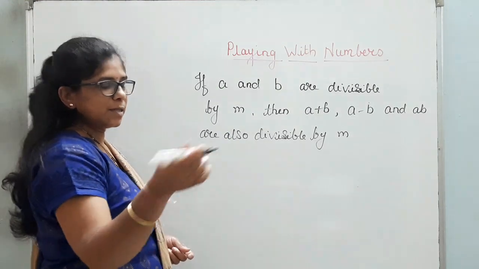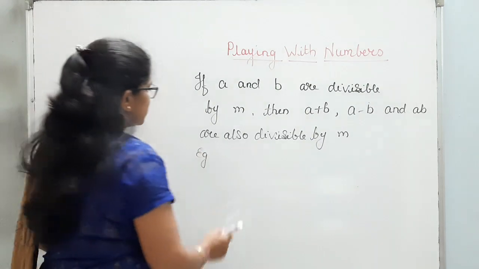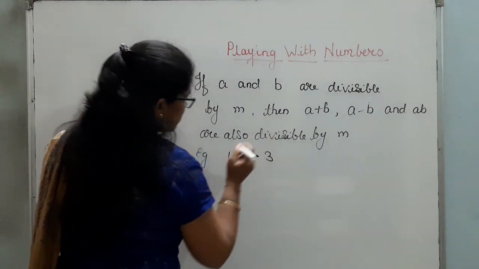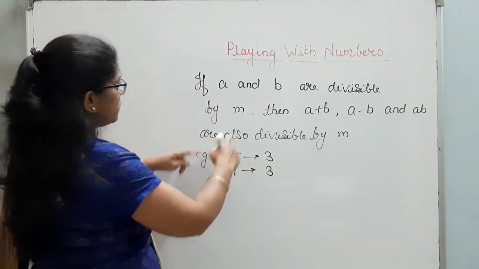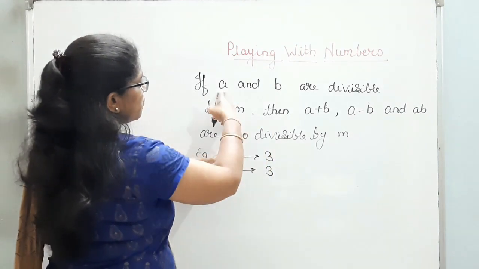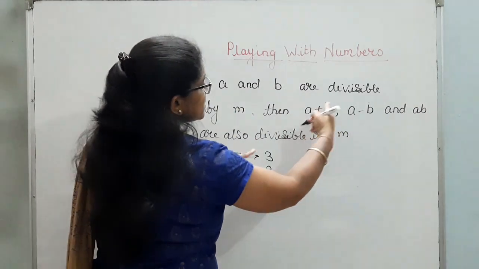Let me make this clear by taking one example. Here 15 is divisible by 3, and 9 is also divisible by 3. So our A and B are 15 and 9, and m is 3. 15 and 9 are divisible by 3. So what does this statement say? A plus B.